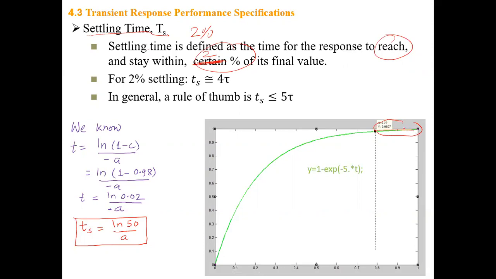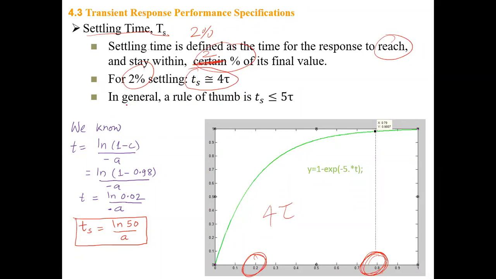That time is called settling time. Remember my time constant was 0.2. In this case, my settling time is 0.8, so it is almost four times the time constant. For 2% settling, it is almost 4 times the time constant.